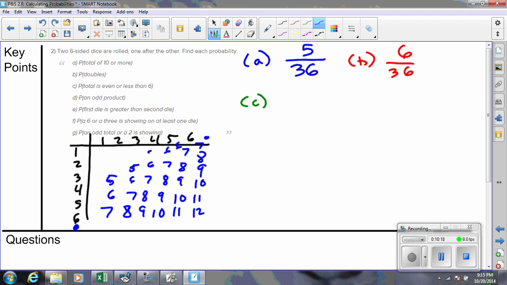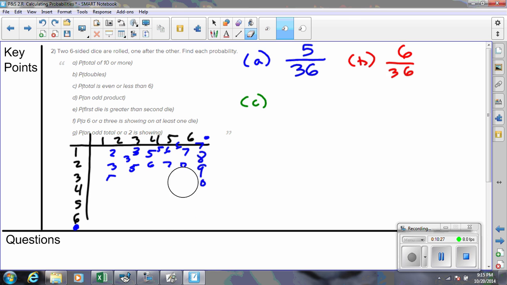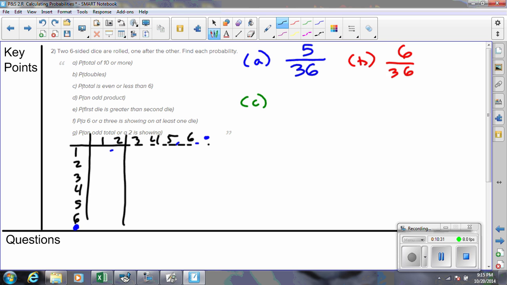Dang it, not having the lines has messed me up. Give me a second to put these lines in, because not having the lines is just messing me up a bit.